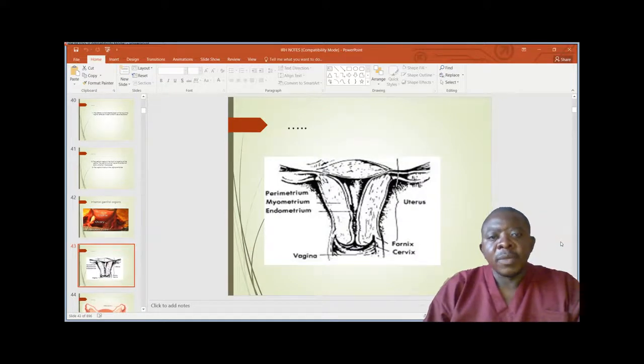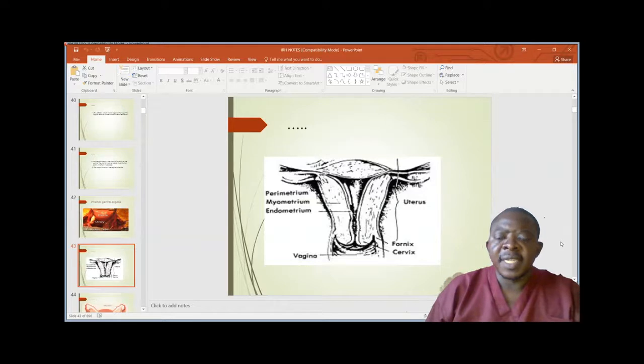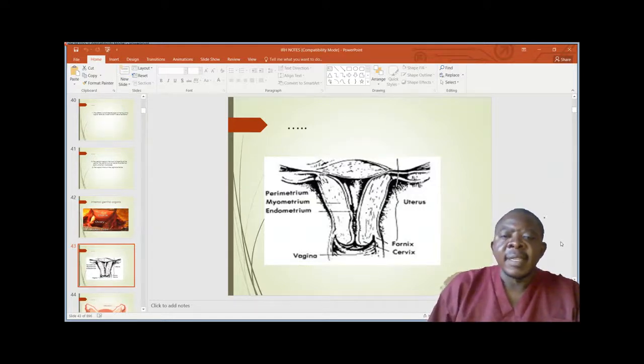This diagram is there to make you appreciate the internal organs within the reproductive system, and it also shows the layers of muscles of the uterus.